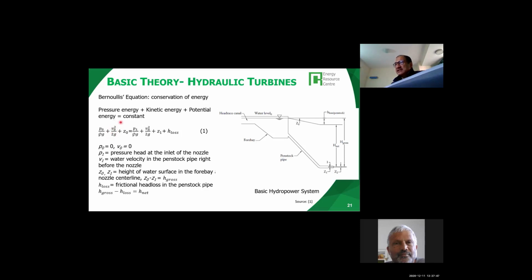This is the velocity head, the kinetic energy, and this is the potential energy head, Z0. Z0 is from this location to the top of this location from a certain datum.